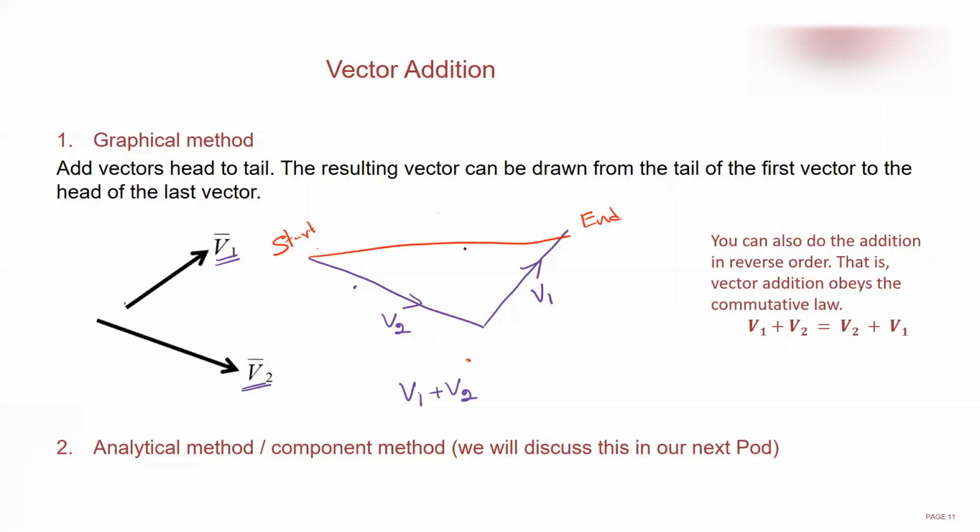The start to end gives me the resultant direction and magnitude. Also, when we are adding vectors, V1 plus V2 is equal to V2 plus V1, so we can either start with V1 or with V2. So vector addition obeys the commutative law.